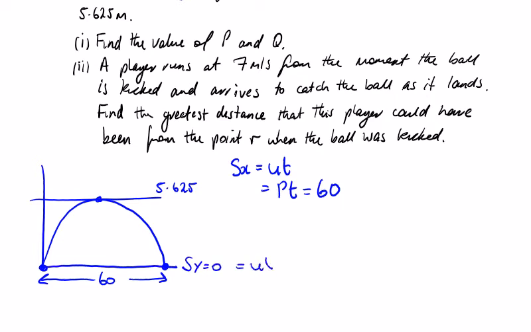So that's going to be ut plus a half at squared. And the time has to be the same in these. So my initial velocity in y was q. So qt minus 4.9 t squared is equal to 0.